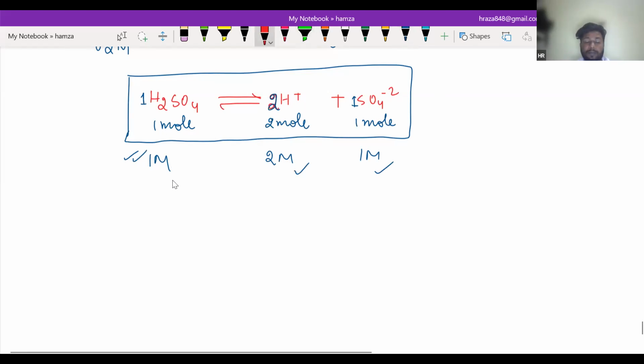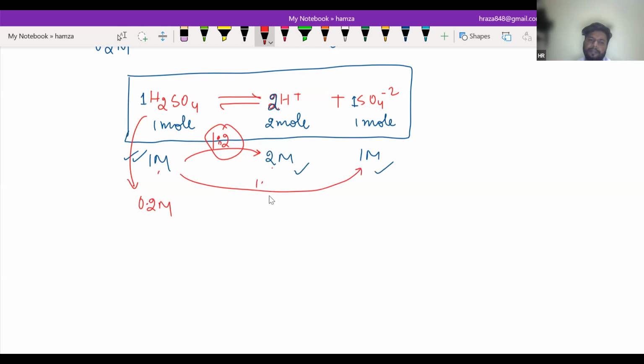But we know that we already calculated H2SO4 has a value 0.2 M. So you can see this has a ratio 1:2 because 1 is giving 2, that means double, and 1:1, that means this molarity of H2SO4 is equal to molarity of SO4 2 minus because their stoichiometric coefficients are equal. That's why its ratio is 1:1.